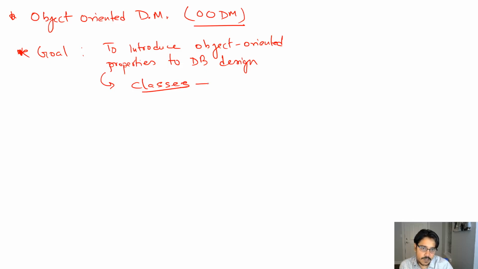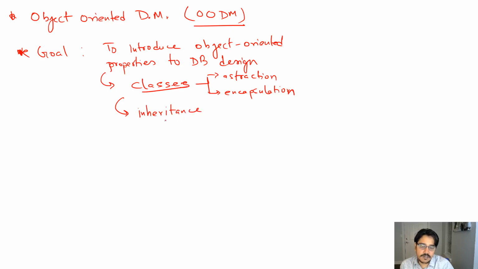So classes will help in abstraction and encapsulation, right? It will help to hide some of the non-essential details from others, right? And also, when we are saying object-oriented property, class hierarchy will help us implement the concept of inheritance.